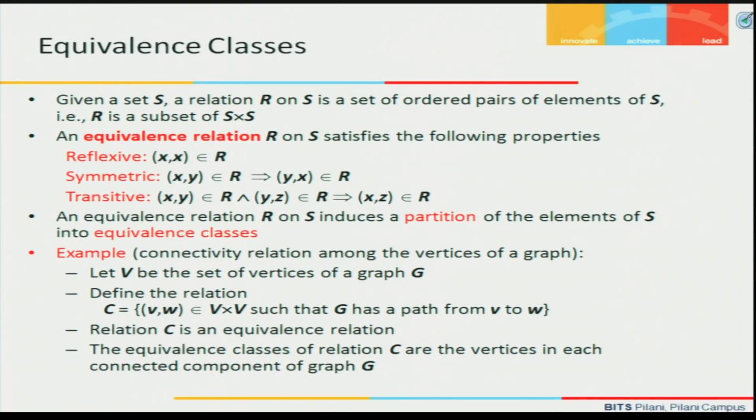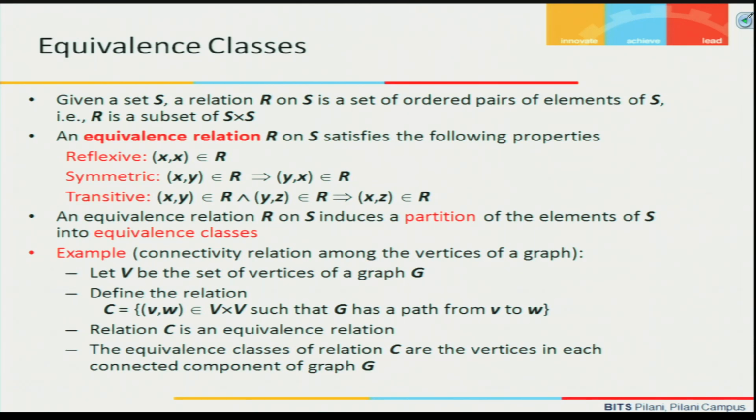In terms of graphs, suppose we define a relation which says that vertices V and W are related if there exists a path from V to W. Then it is easy to prove that it is an equivalence relation. When we define a path from V to W, trivially we always have a path of length 0 from a vertex to itself.